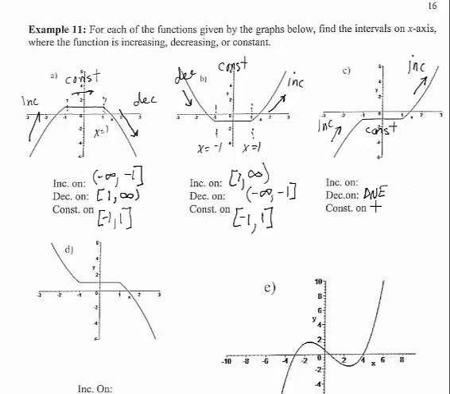Okay, constant was the middle again, so bracket -1, bracket 1. And then increasing, we've got two intervals, negative infinity to -1 bracket. And now we would use the union symbol and pick it back up for this far right interval from 1 to infinity. And also we always use parentheses with infinity symbols.